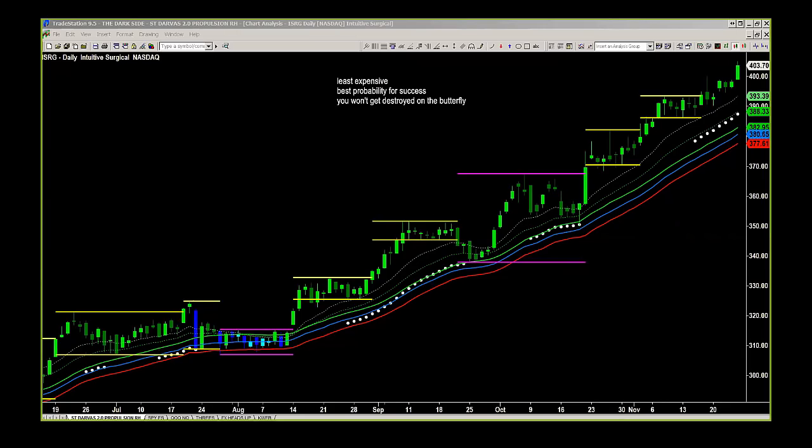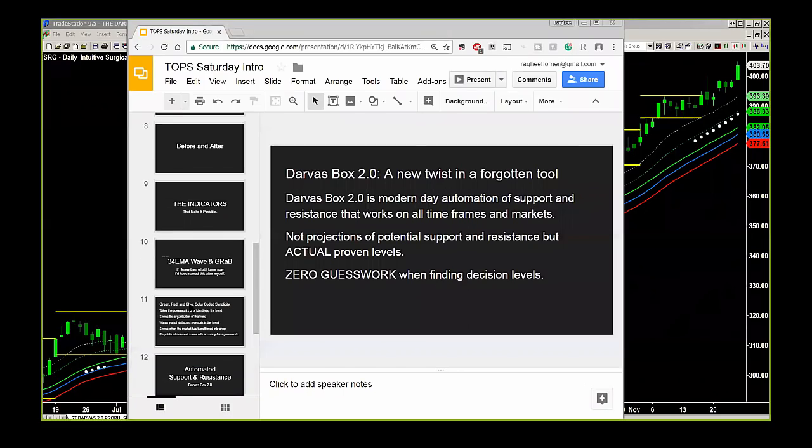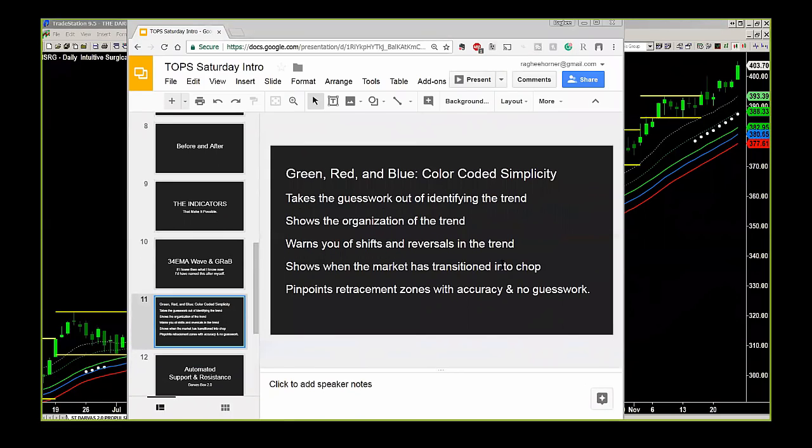The cool thing about the grab, and what Bruce will be showing tomorrow, is that because we are studying market trends and looking at the organization of a trend, it doesn't supplant any tool you like using now. Take a look at this slide, it gives you a good idea of what grab does. It only supplements.